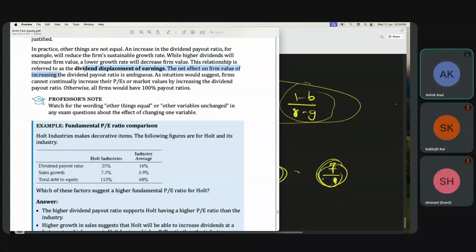This relationship is referred to as dividend displacement of earnings. The net effect on firm value of increasing the dividend payout ratio is ambiguous. As intuition would suggest, firms cannot continually increase their P/E or market value by increasing the dividend payout ratio. Otherwise, all firms would have a 100% payout ratio.